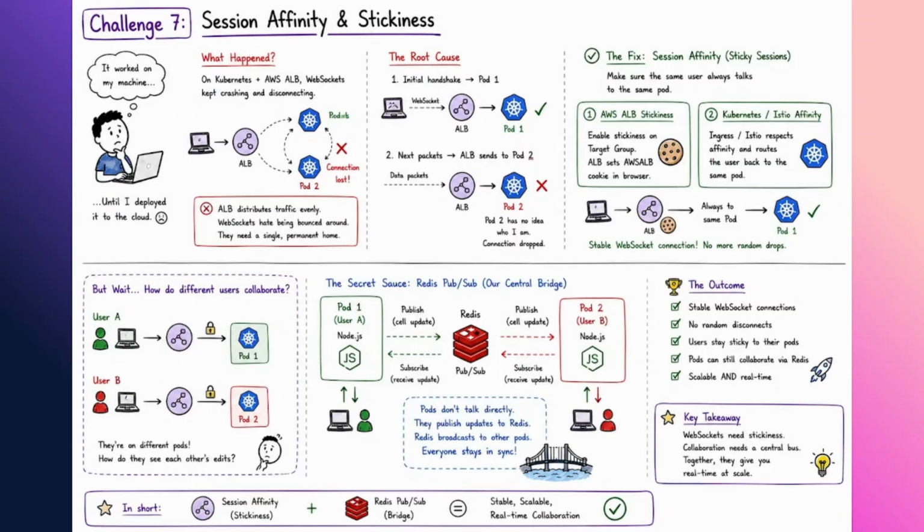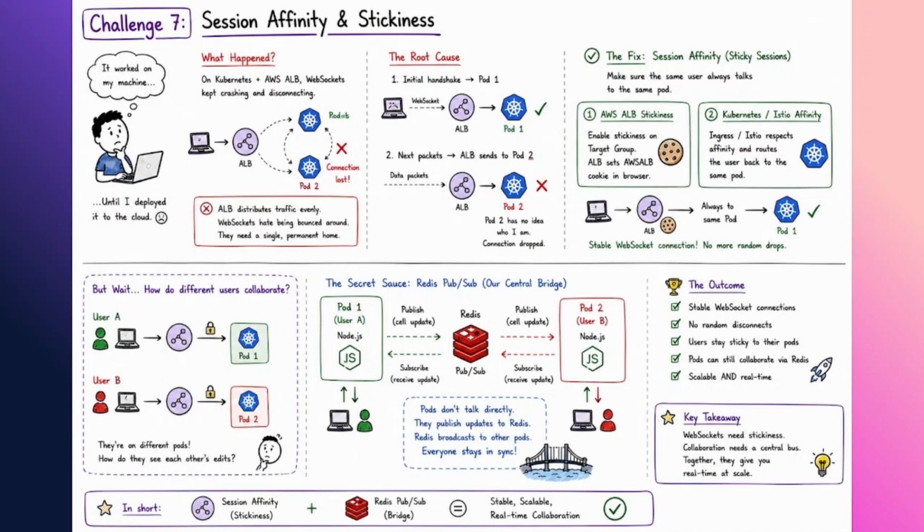When I first deployed, the WebSockets just kept crashing and disconnecting. I would type in a cell and nothing would happen. I realized that the problem was that the AWS application load balancer and the Kubernetes load balancer have one job: distribute traffic evenly.